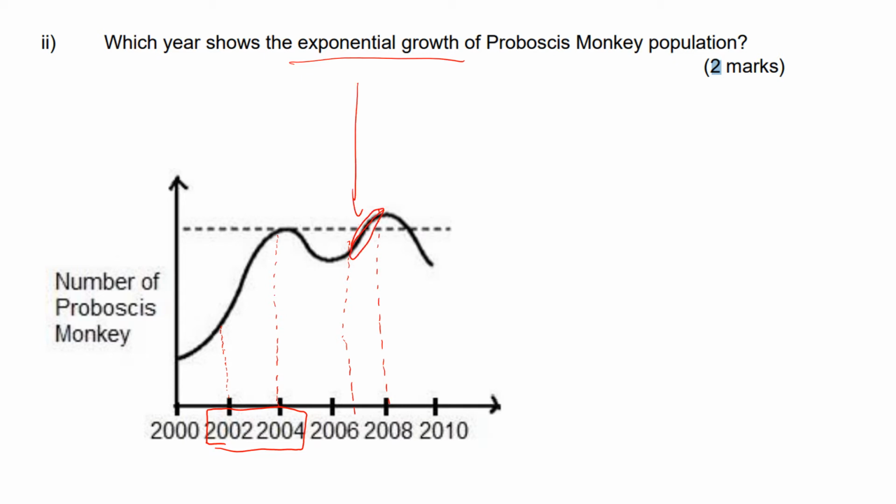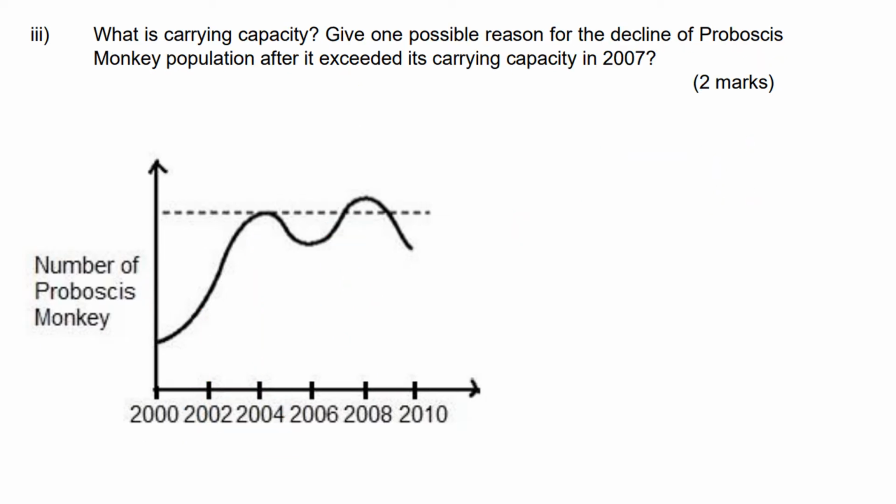Okay, so the answer would be 2002 until 2004, and the other one is 2007 until 2008. Each one worth 2 marks. Question 3. What is carrying capacity? And give one possible reason for the decline of proboscis monkey population after it exceeded its carrying capacity in 2007.